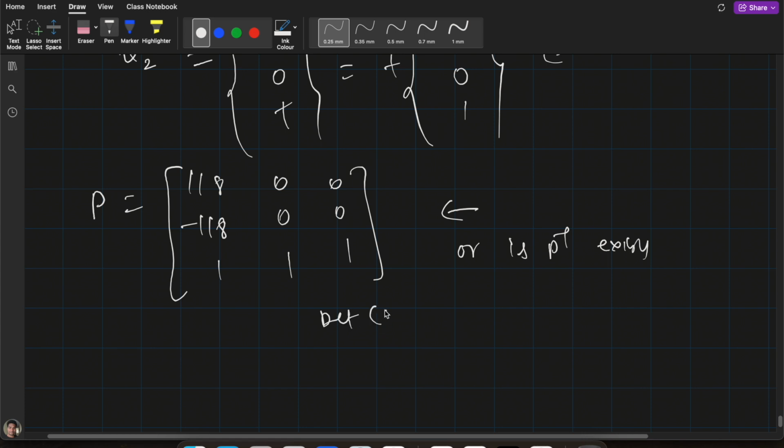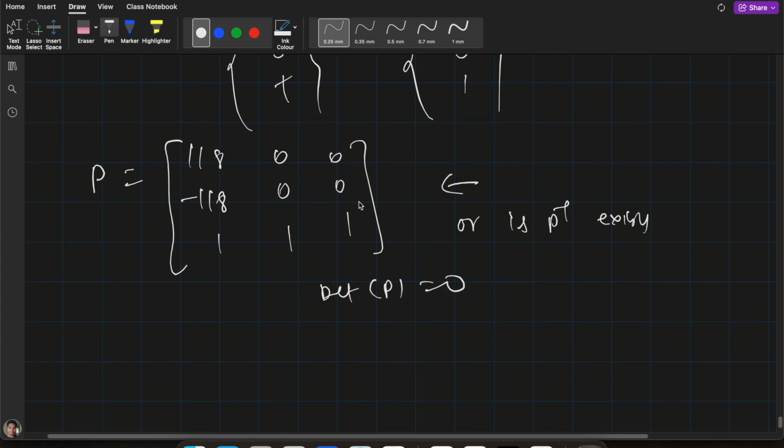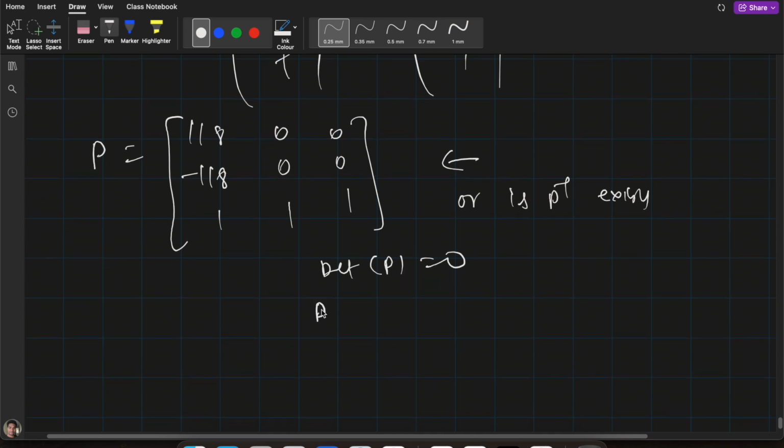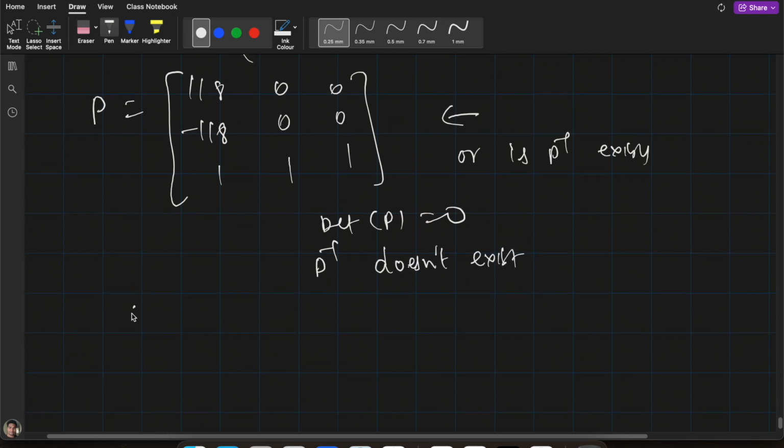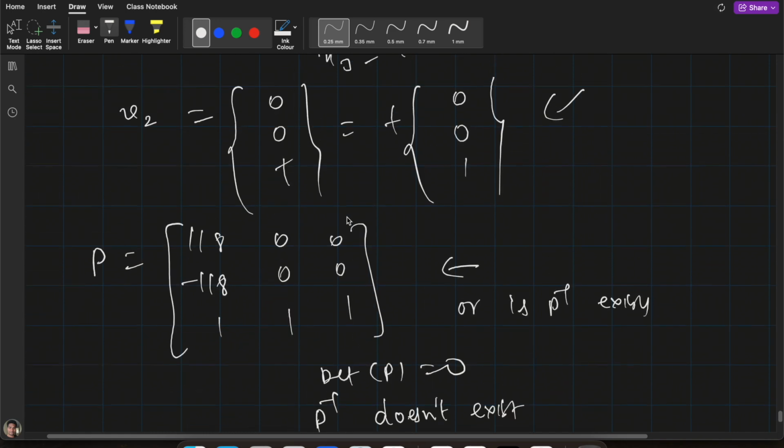You can see that determinant of P equal to 0, because the first, second column and third column are the same, which means the determinant of P equal to 0, which means that P inverse doesn't exist, which means that A is non-diagonalizable. Fine. So for the repeated roots, we have two equal vectors.